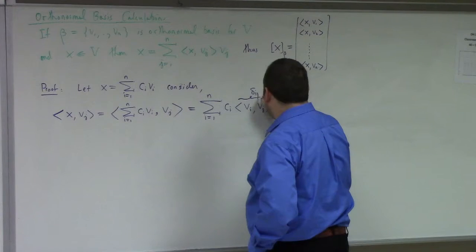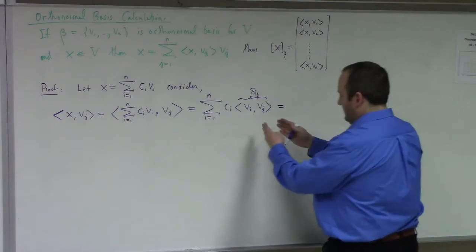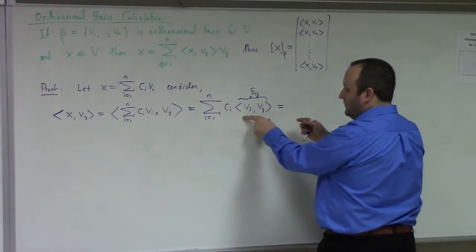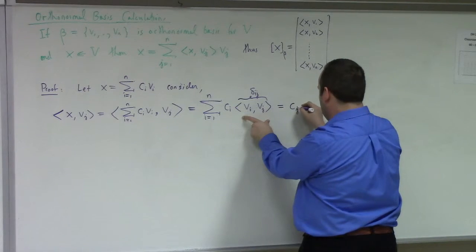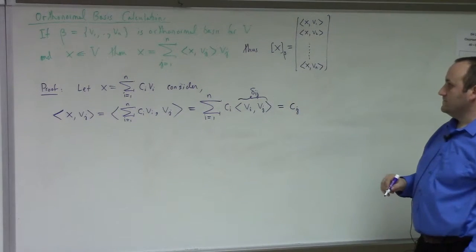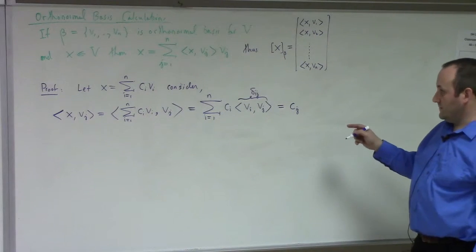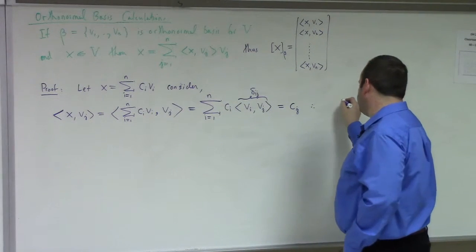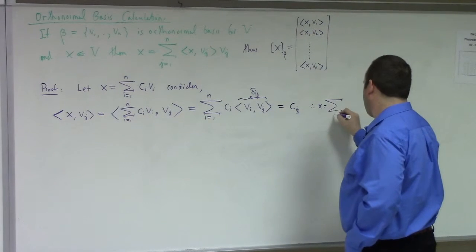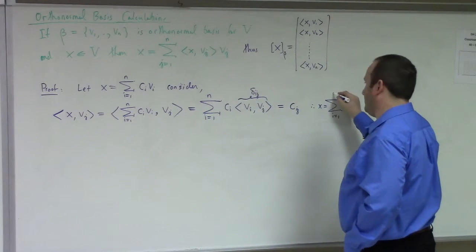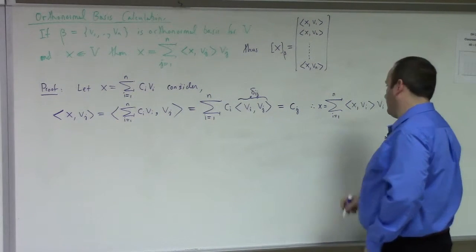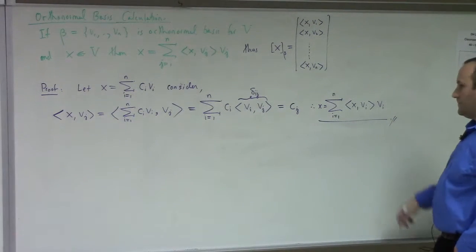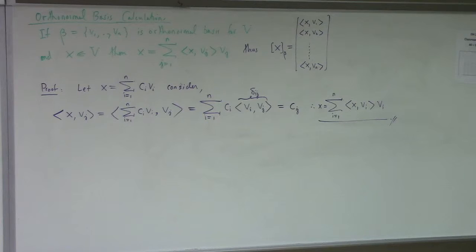It kills all but one term in this sum. What does it leave us with? i equals j, right? Everything else is 0, so we get cj. But that's exactly what I was trying to prove. I have it with i instead of j. I can fix it if you'd like, but I'll behave. That's the same.